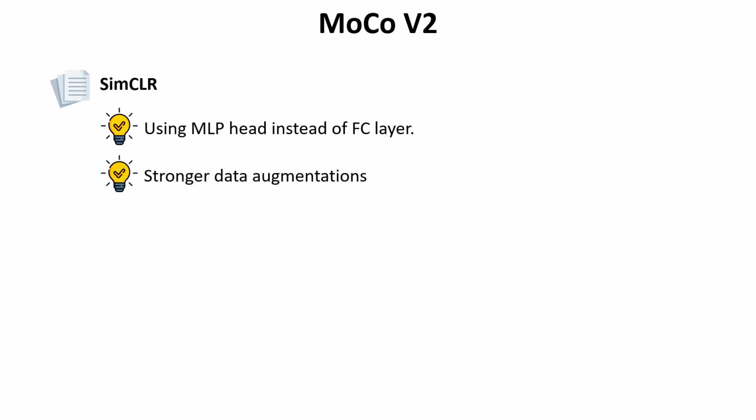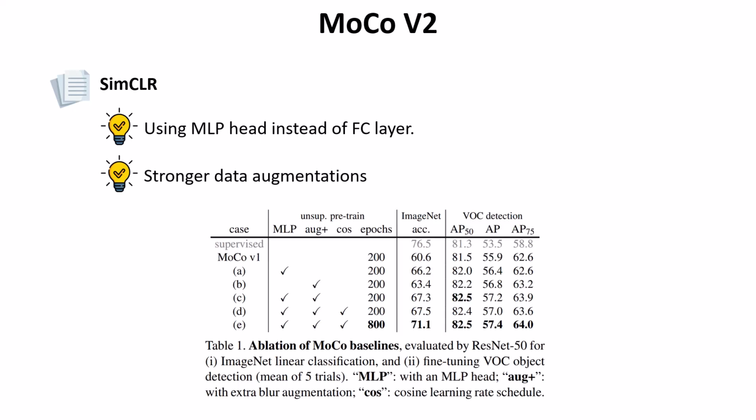And another thing is that we can have stronger data augmentations, which I won't talk about in detail, but if you're interested, you can read the SimCLR paper for what types of data augmentations we can do to get a better performance. But the thing is that we can use those same ideas for MoCo, and that is MoCo version 2. In this table, we can see that the second row, as I said, 60.6 is what we can achieve when using ResNet 50 as our backbone.